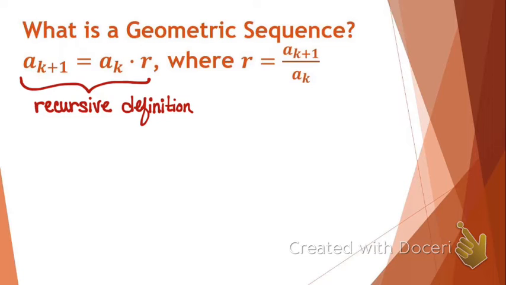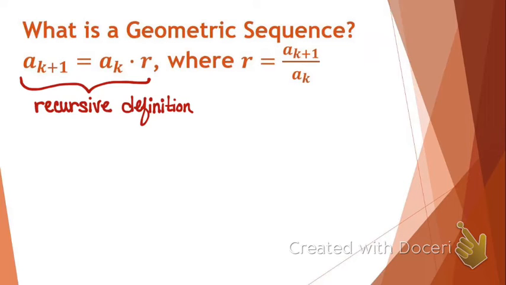With the recursive definition of an arithmetic sequence, we were going to add or subtract something each time to find the next term. So if I knew the first term was 2, and I knew my common difference was 5, I'm going to add 5 to find the second term, and then add 5 to that to find the third term, and so on.